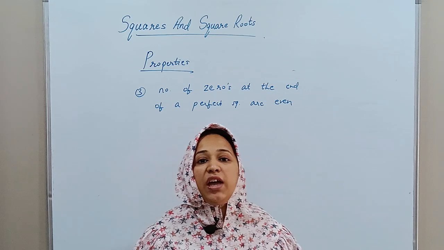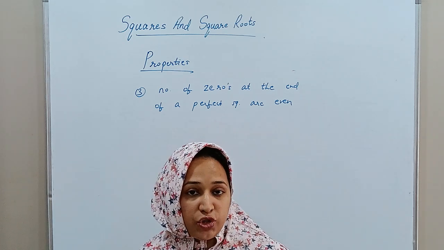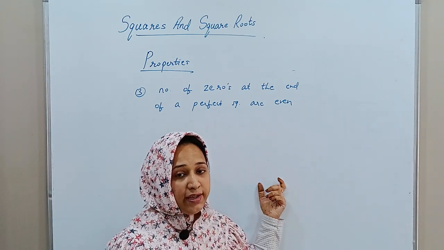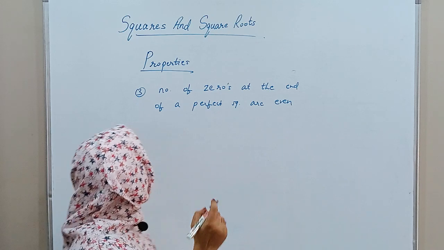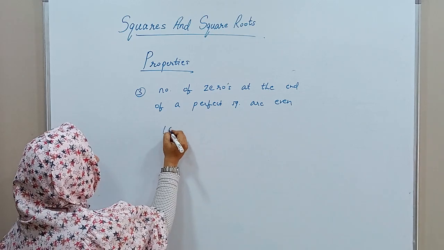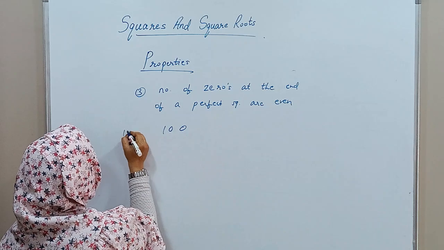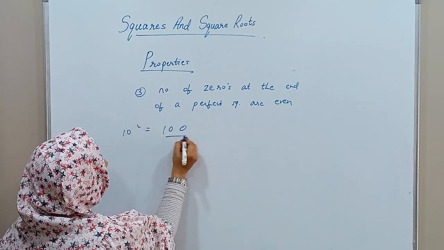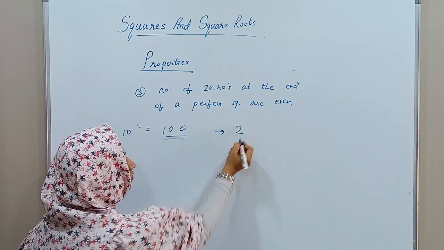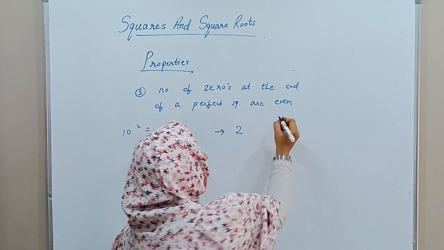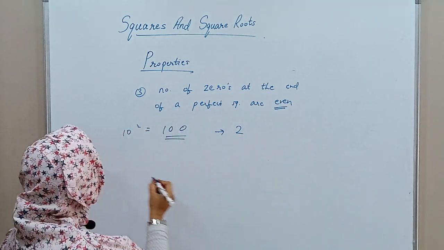So if we have a perfect square, we can check whether the number of zeros at the end is even or odd. For example, 100 is the perfect square of 10, that is, 10 square is 100. The number of zeros here is 2, that is even. So 100 is a perfect square.